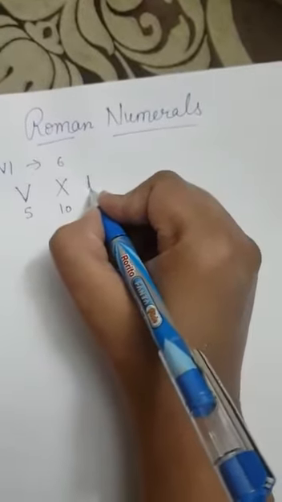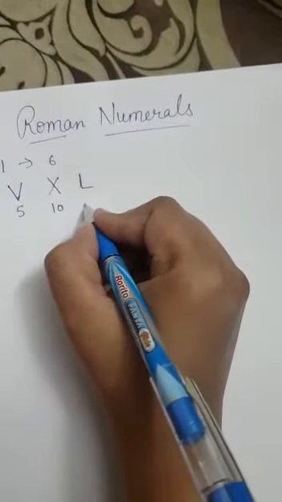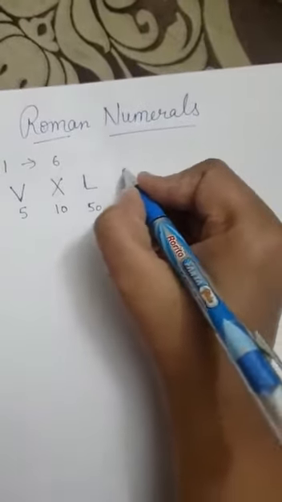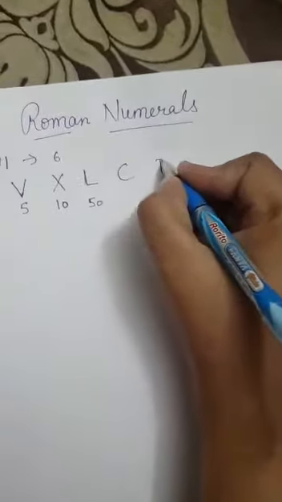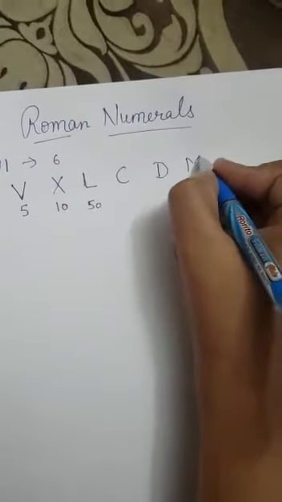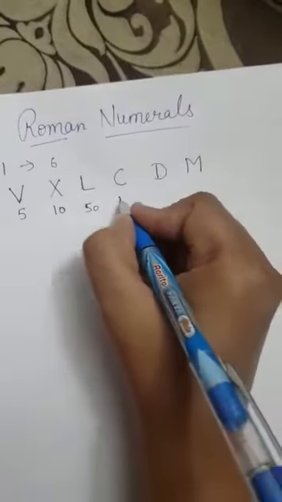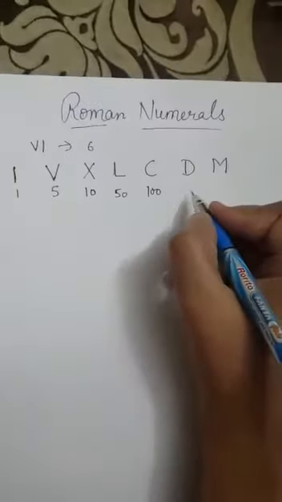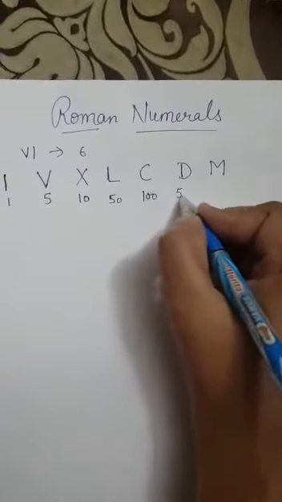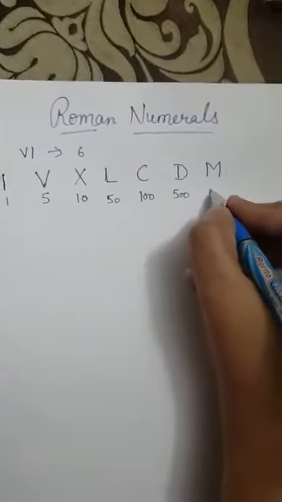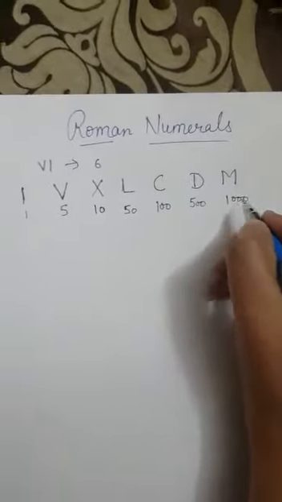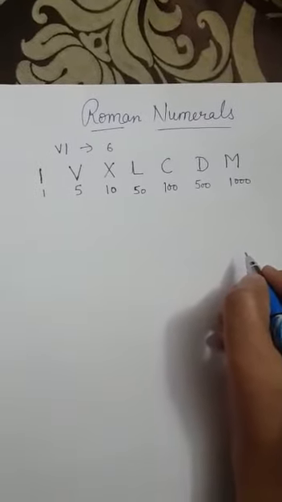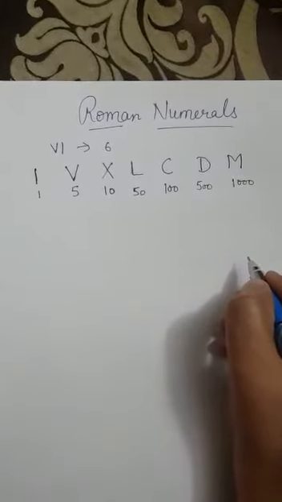Then L for 50. Then C, D, M. C is for century, which is 100. Then D is for 500 and M is for 1000. These are the Roman symbols which they used to frame the numbers.